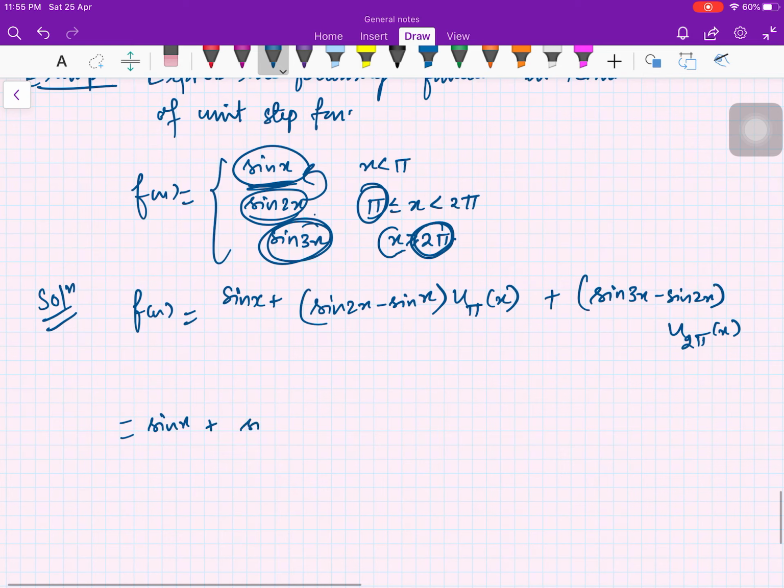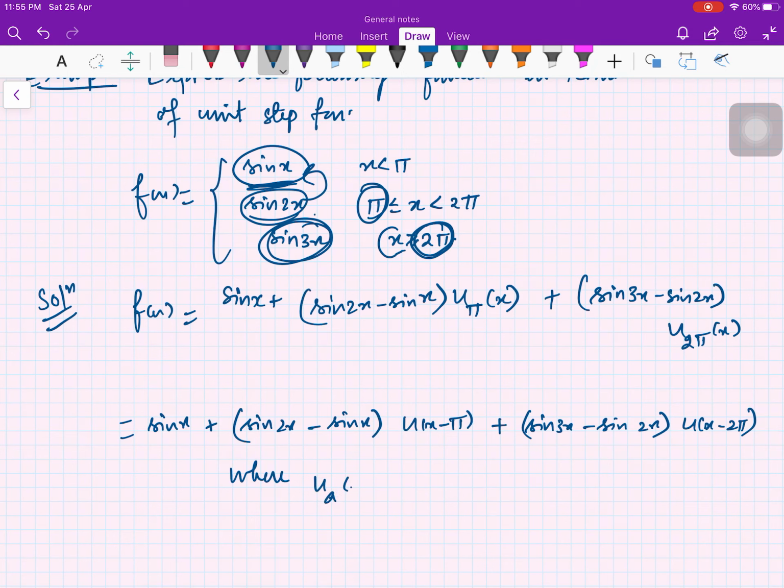So you can also write it as sin x plus [sin 2x minus sin x] u(x minus pi) plus [sin 3x minus sin 2x] u(x minus 2 pi), where u_a(x) is 0 for x less than a and 1 for x greater than or equal to a. This is how we write a given multi-valued function in terms of unit step function.